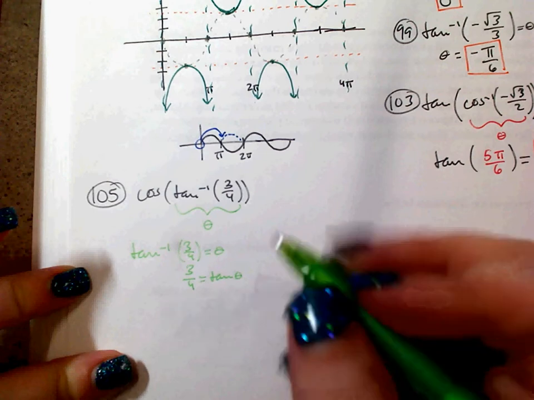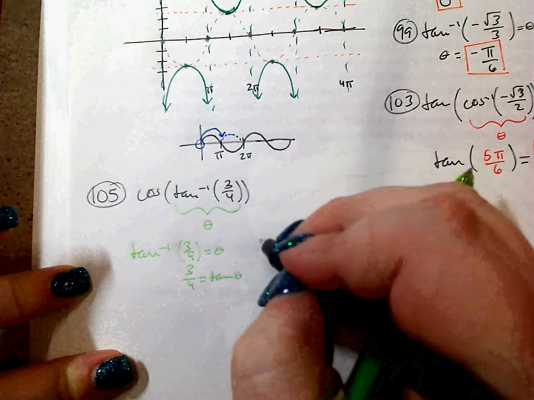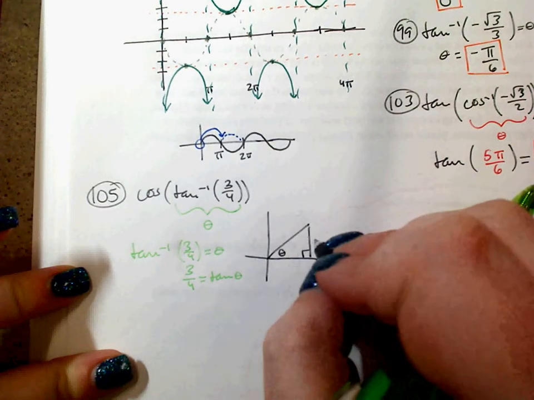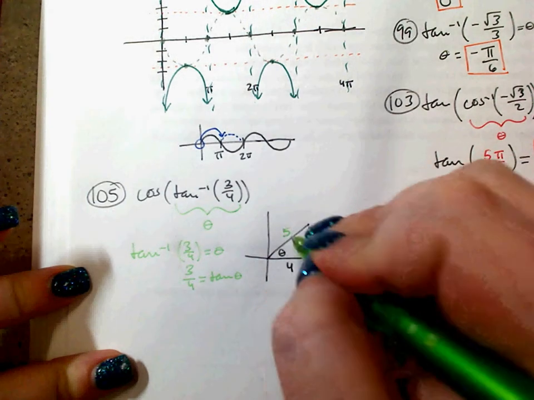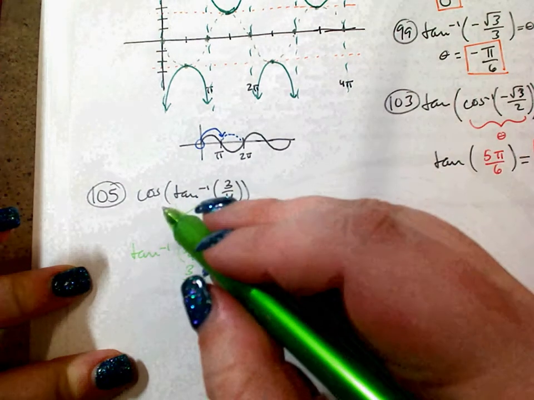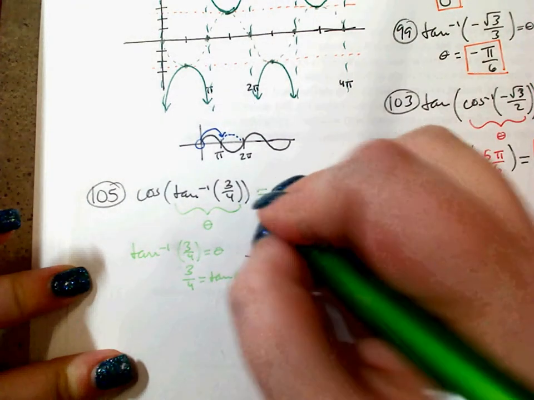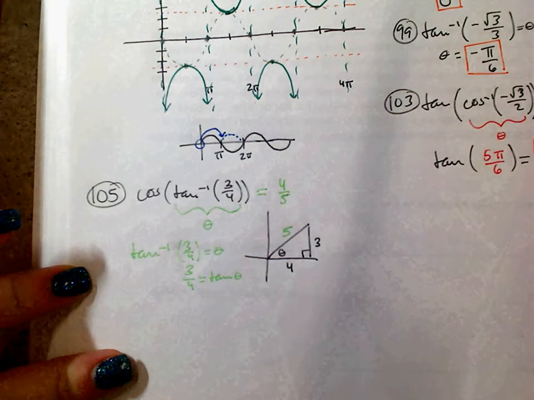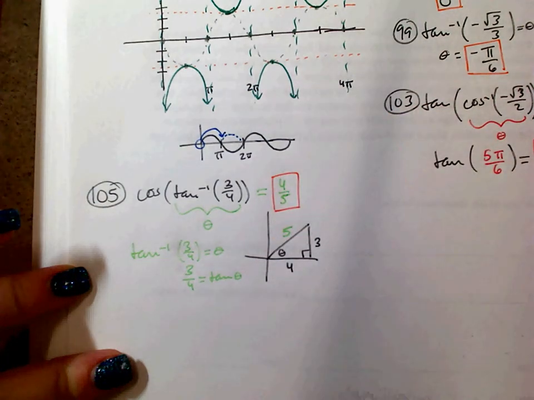Tan inverse only exists in the first and fourth quadrant, and tan inverse is positive in the first quadrant. So draw a triangle in the first quadrant and let tangent be opposite over adjacent, 3/4, which means that the hypotenuse would have to be 5. 3, 4, 5. And then the question is, what is cosine of that angle, right? Cosine of theta would be adjacent over hypotenuse, 4 over 5. There you go.